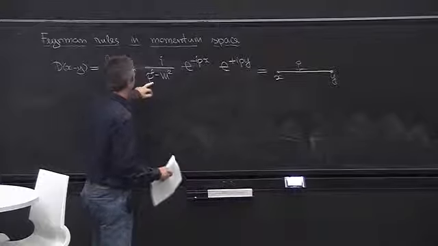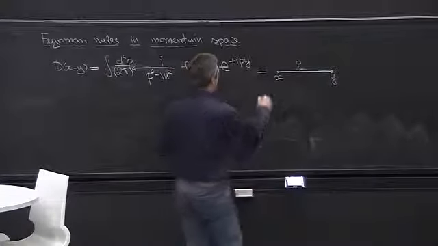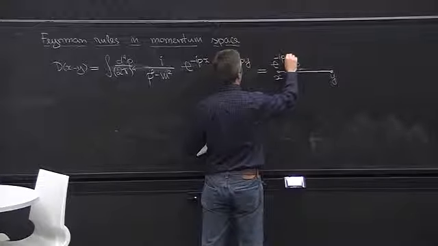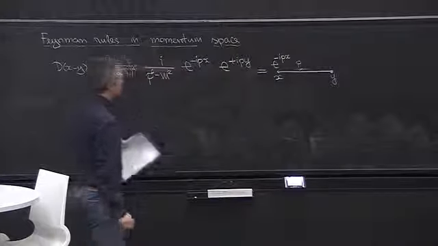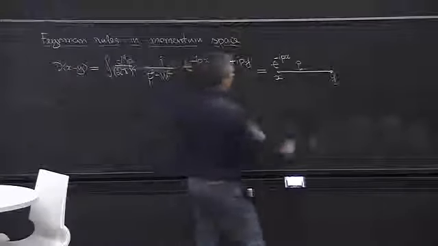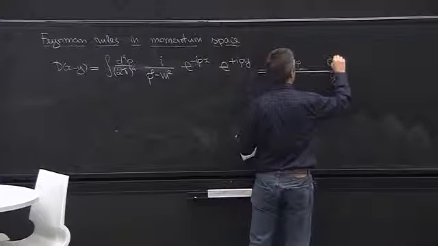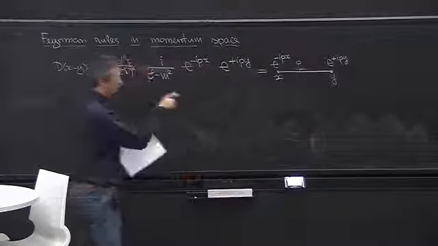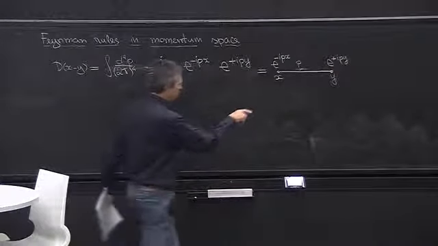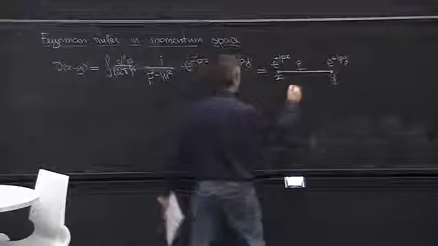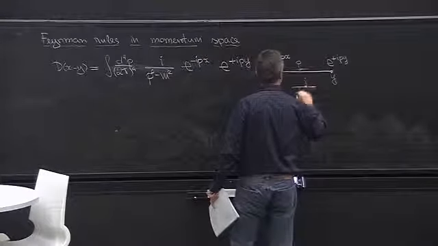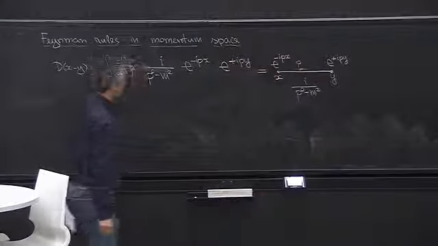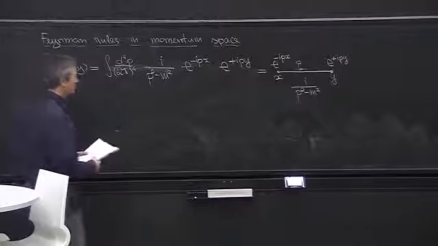So from this formula, I see that I should assign the wave function e to the minus ipx to the incoming point, and the conjugate wave function to the endpoint of the propagator, and then an overall factor of i divided by p squared minus m squared to the line itself.